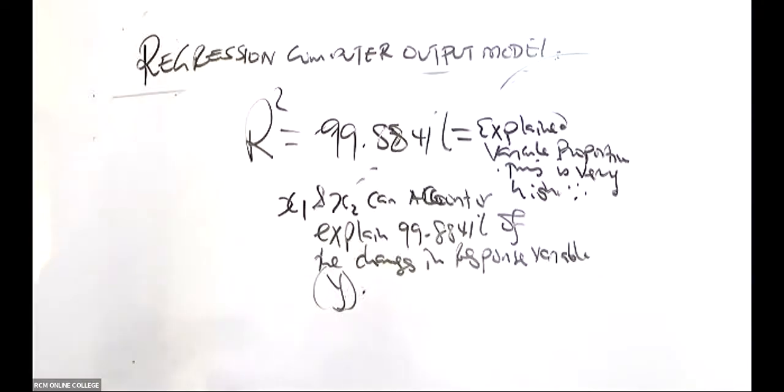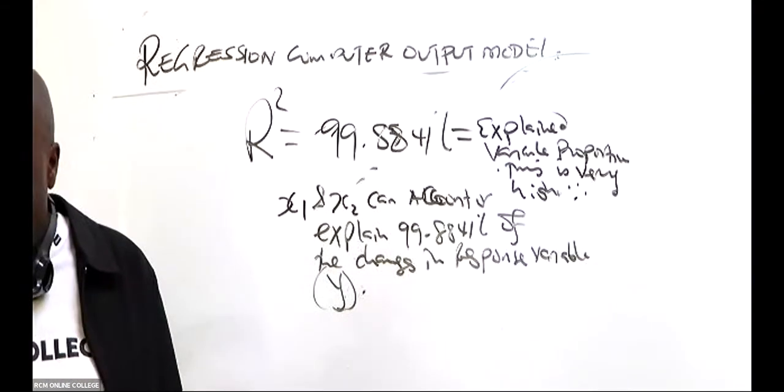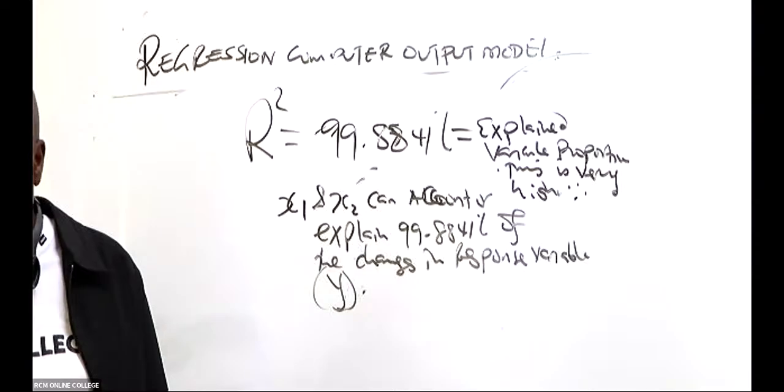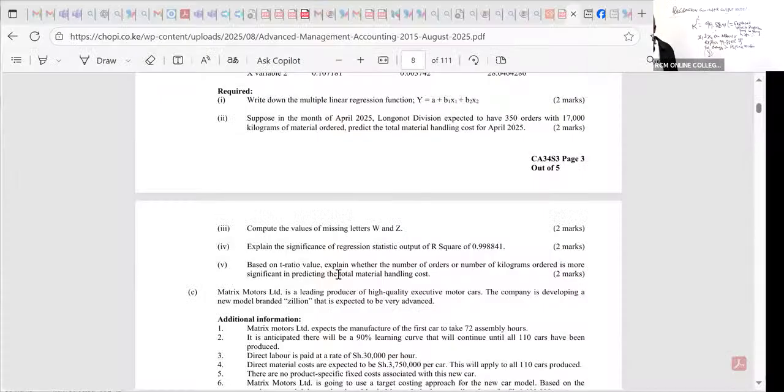And now, with your permission, I'll go to the last question. Based on the T-ratio value, just the T-ratio value, they don't want you to use the T tables. Based on the T-ratio value, explain whether the number of orders, which is X1, or number of kilograms, which is X2, is more significant in predicting the total material handling cost.